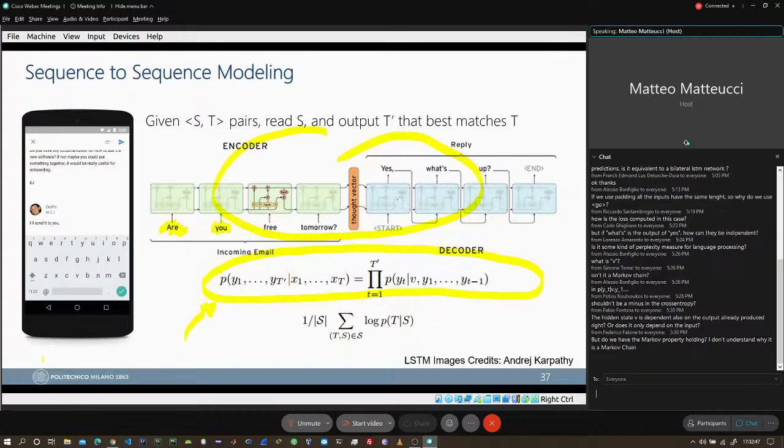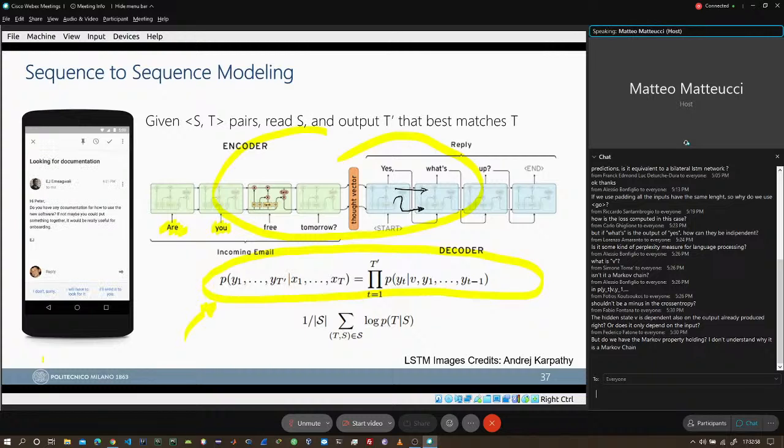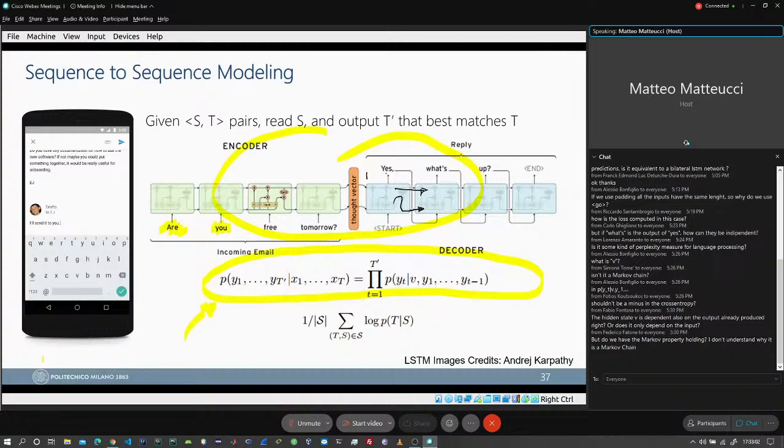So the hidden state, you see it here, depends on the previous output of the LSTM, but on top of the LSTM, to predict yes, you will probably need a softmax or a second layer of LSTM. I mean, this is a basic problem.